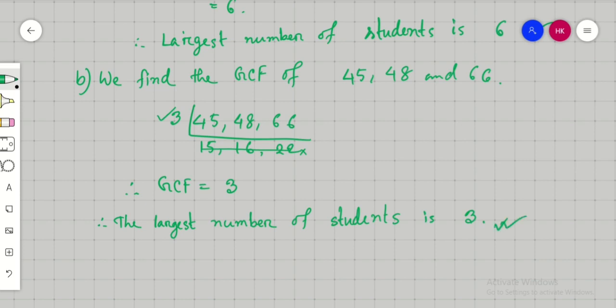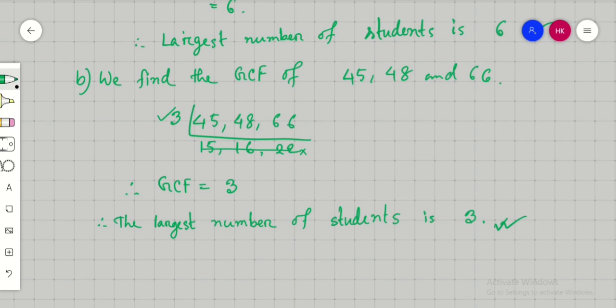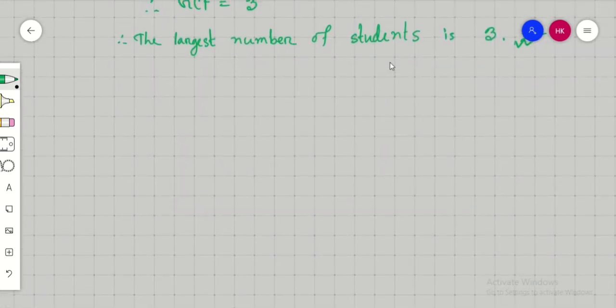I hope you understand. You can take a screenshot of this. Alright, now we move on to the next question, question C. If the quantity of black colored pencils is 5 less, what is the largest number of students among whom the pencils can be divided equally? That means now we find the GCF, but this time the black color pencil is 5 less.